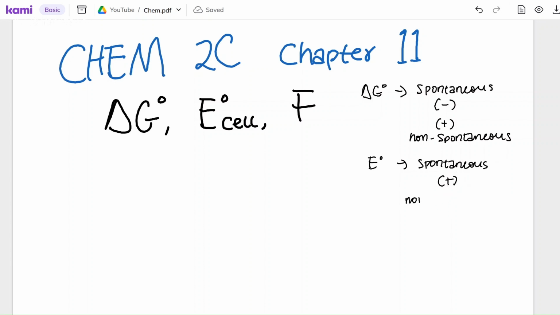While if it's non-spontaneous, the cell potential is negative. So you see how these two are opposites: delta G is spontaneous when negative, while E is non-spontaneous when negative, and delta G is non-spontaneous when positive, while E is spontaneous when positive. And there's an equation that ties both of them together.